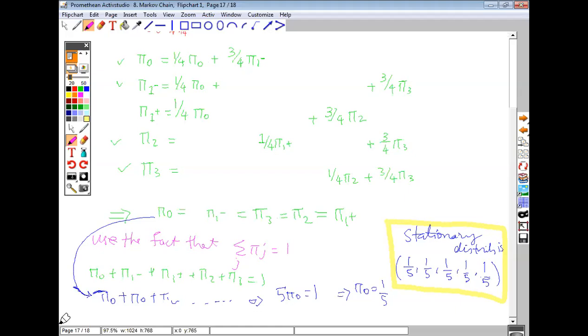So again, remember, you could only define this particular 1/5 as a number once you used the fact that this summation is equal to 1. So sometimes this allows you to define these pi j's uniquely, because otherwise, if you just had these 5 equations, you would have just had this equality.